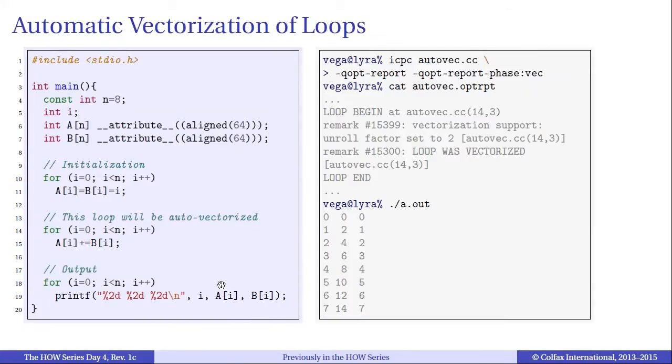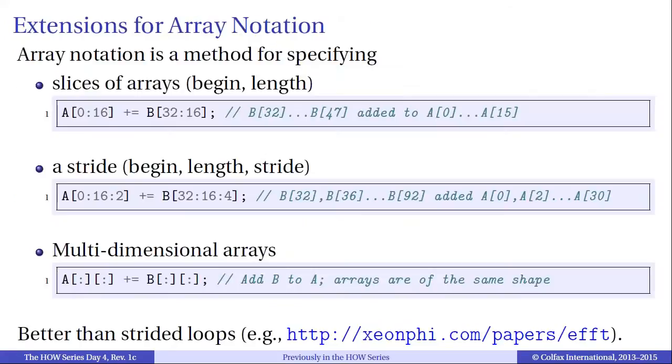We talked about how to use automatic vectorization. The primary access to it, which is portable and future-proof, is automatic vectorization. This is when you write a loop and you expect the compiler to implement vectorization for you and handle all the runtime situations regarding alignment and loop length also for you. We also learned how to diagnose automatic vectorization using the argument qopt report and viewing the optimization report file.